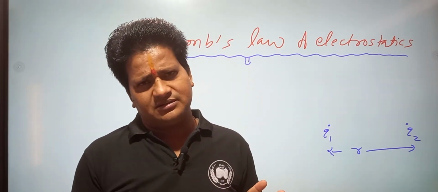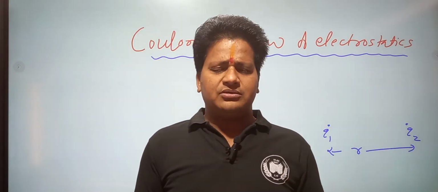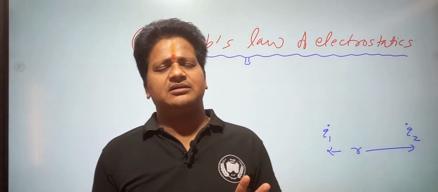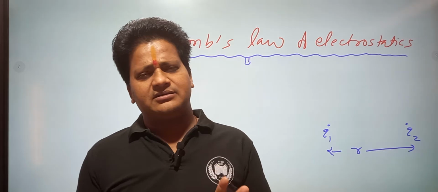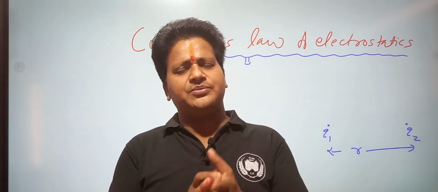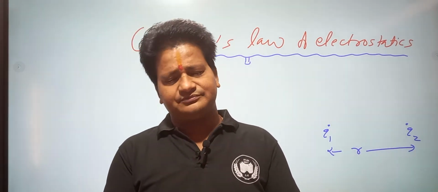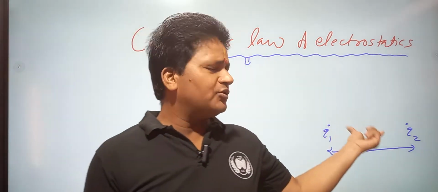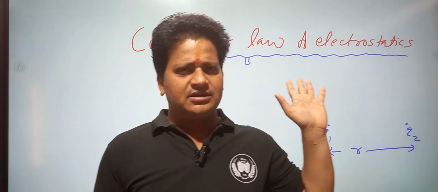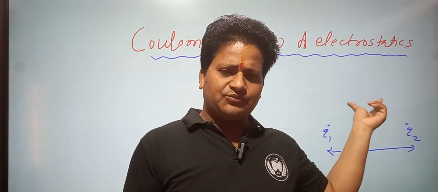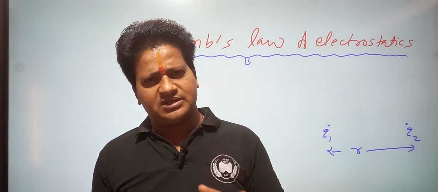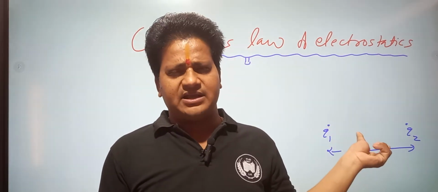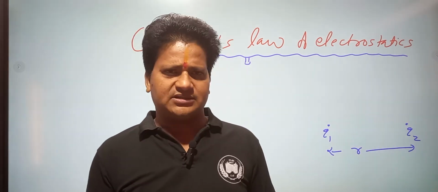Therefore, there I can never say force of interaction. But here the force of attraction or the force of repulsion, both are possible. Therefore, here I can say the force of interaction.